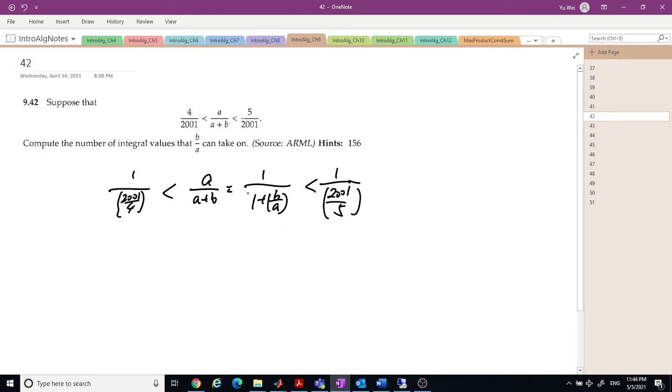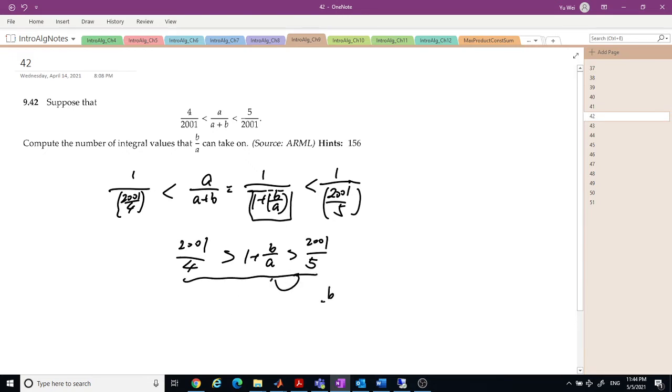Now we can see the denominator is bigger, so the fraction will be smaller, right? So now we know this one is less than this one. Less than this one means the denominator should be bigger than this, and the denominator should be smaller than this. Now we can solve this part.